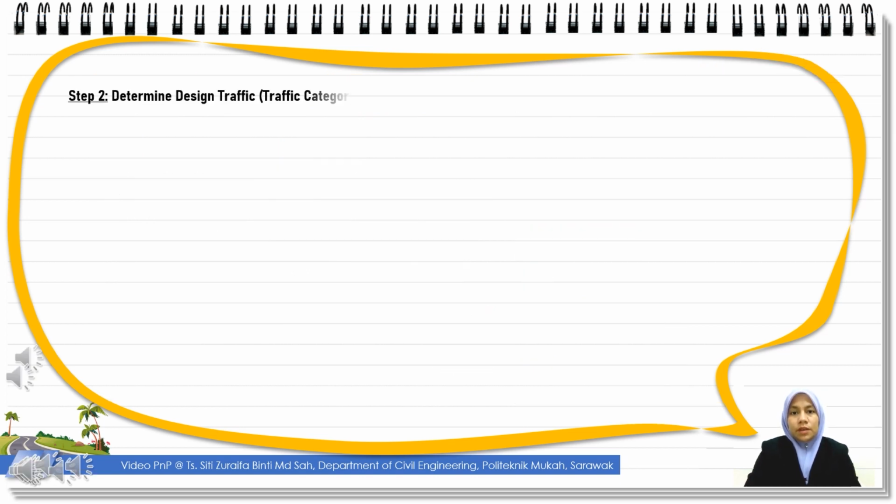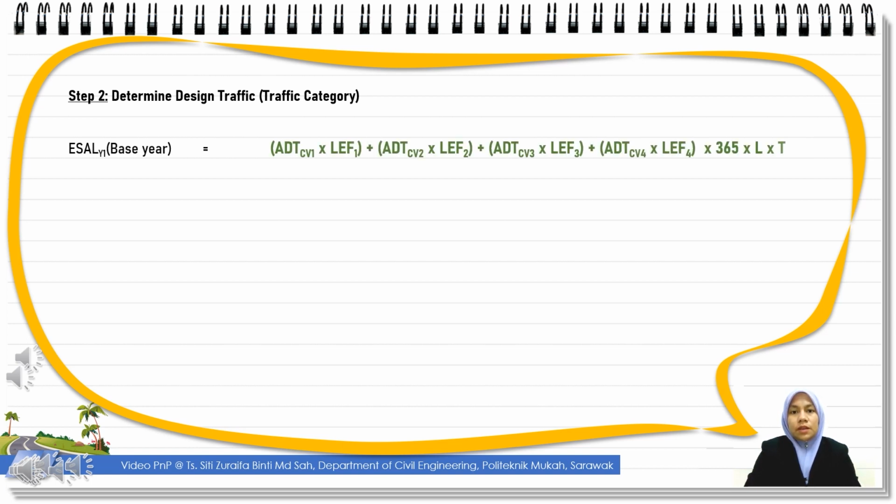Step 2. Determine design traffic, that means traffic category. Calculate the design traffic, that means the number of axles, for the design lane and base year Y1, that means the first year of the design period, using the following formula.